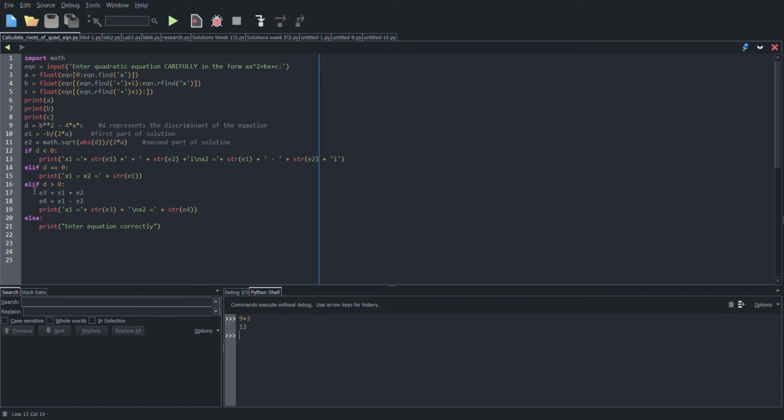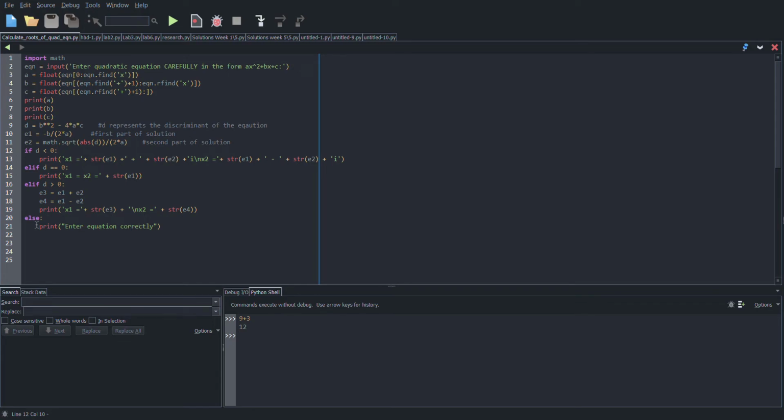And then elif d was greater than 0, same thing up here. Then you print e3 is equal to e1 plus e2, and e4 is equal to e1 minus e2. Then you print the stuff down here. These two lines of code calculate this, and this line of code prints it out in the command prompt.